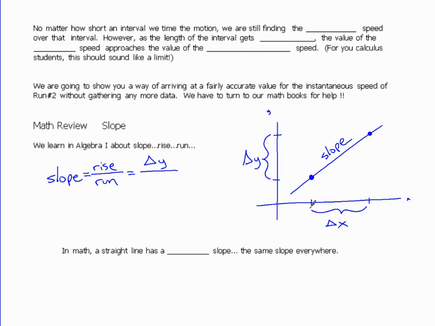And the run would be our change in x. In math, a straight line has a constant slope. The slope is the same here as the slope here and the slope here. This is a straight line. Every point on the line is going to have a constant slope.